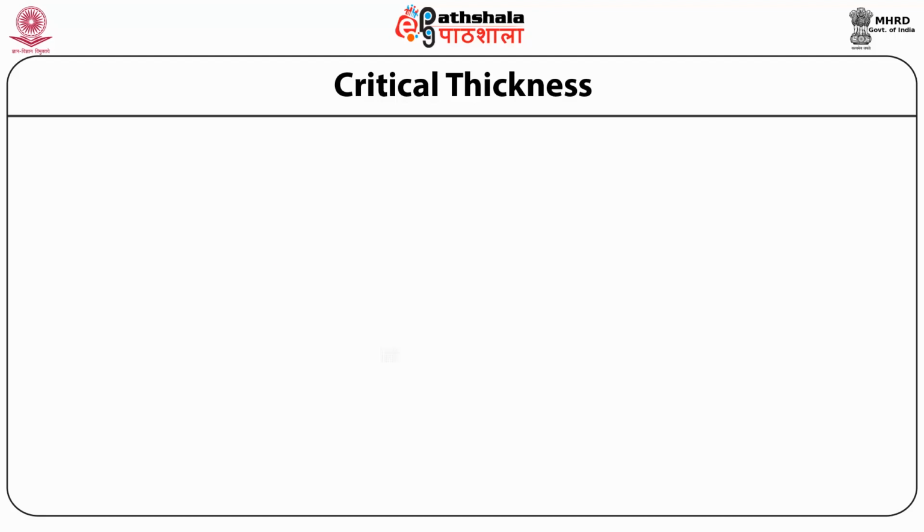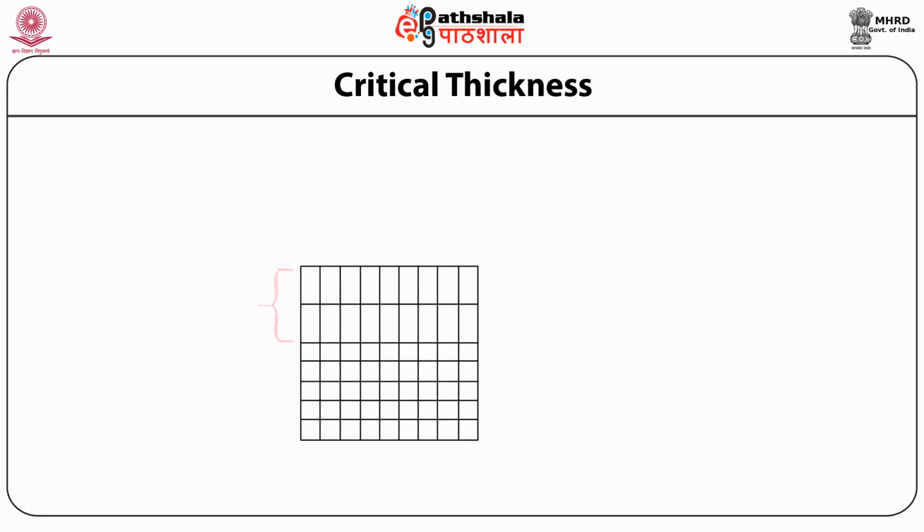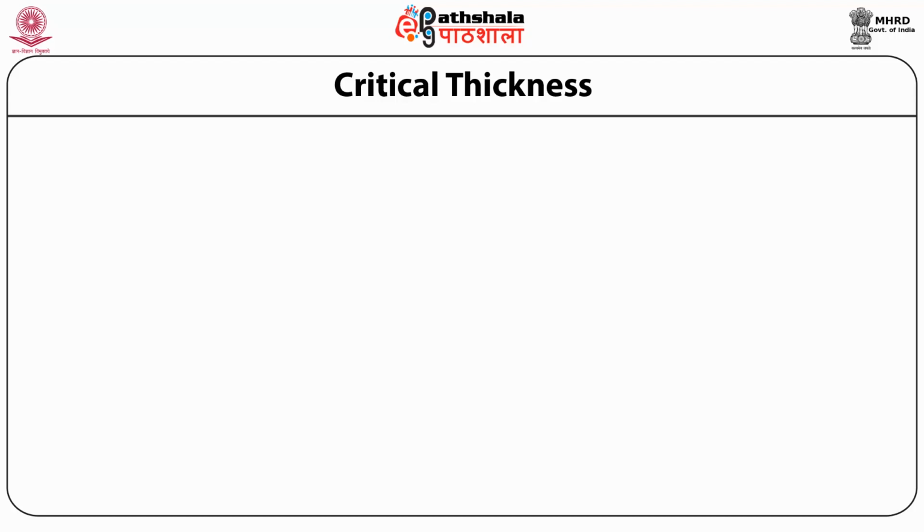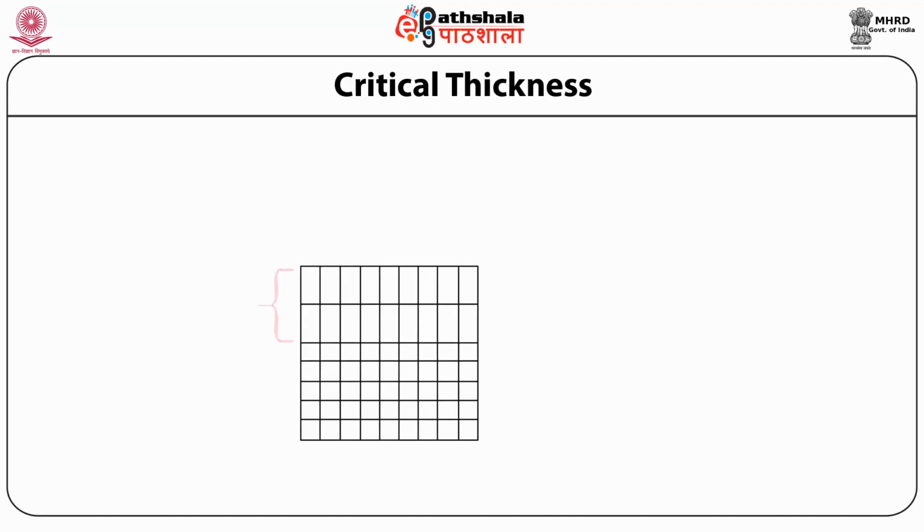For layer thickness above the critical thickness, the lattice mismatch cannot be accommodated through strain, resulting in dislocations at the heterointerface. When the thickness of the top layer is less than the critical thickness, the strained layer can be in either compressive or tensile strain, which is homogeneous within the layer.